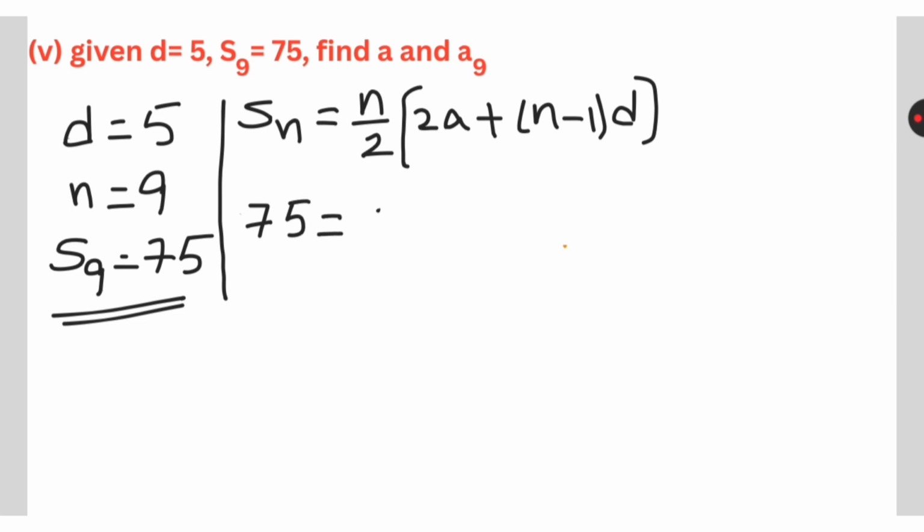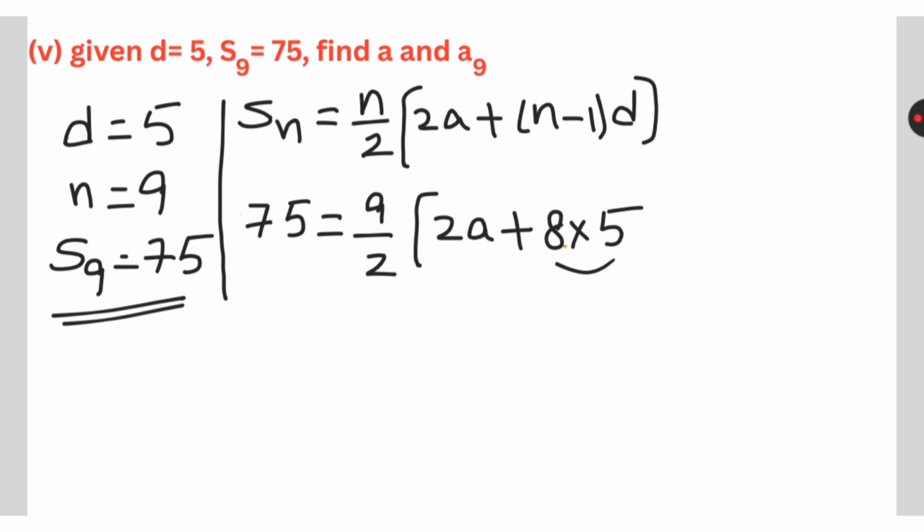That is equal to n is 9 by 2 times 2 times a, we don't know, we need to find out, plus n minus 1, 9 minus 1 that is 8, times the common difference d is 5. So 8 times 5 is 40. So now to get rid of this 9 over 2, let's multiply by 2 over 9 on both sides.